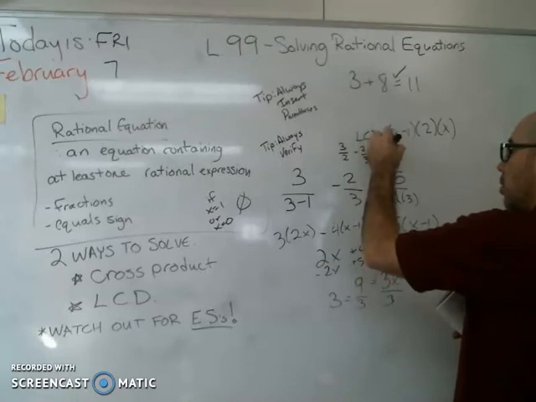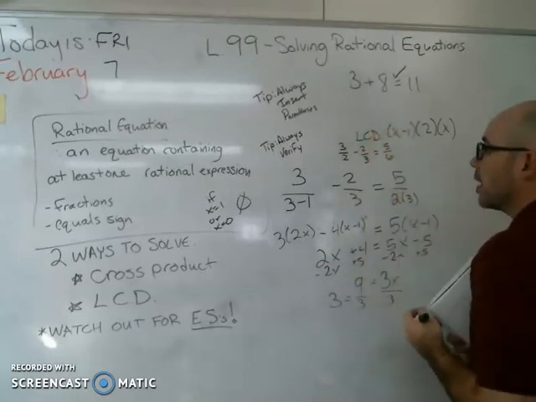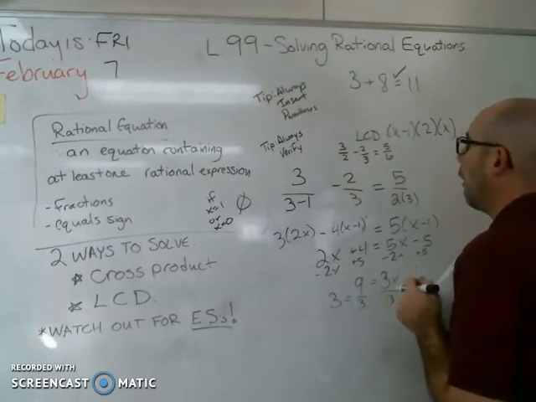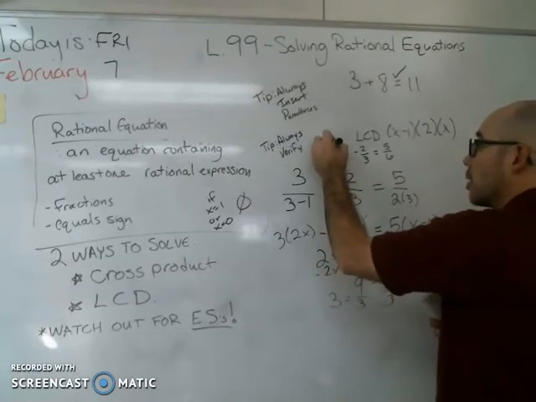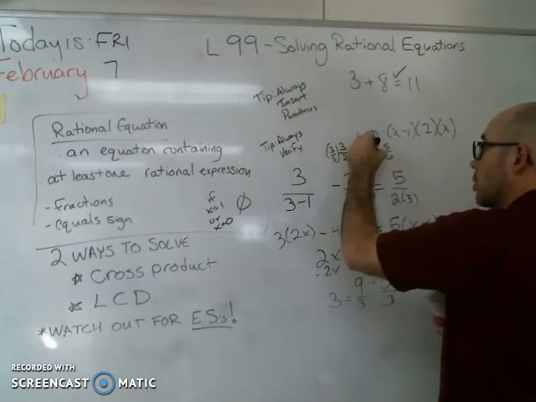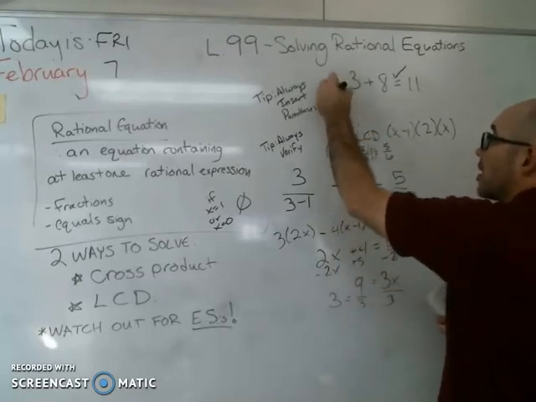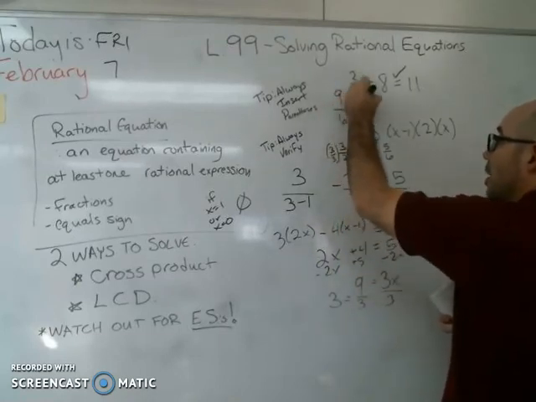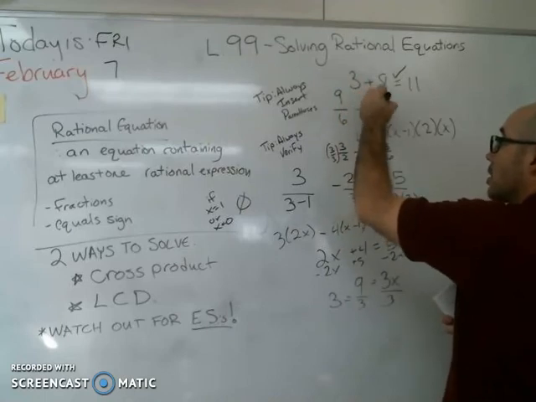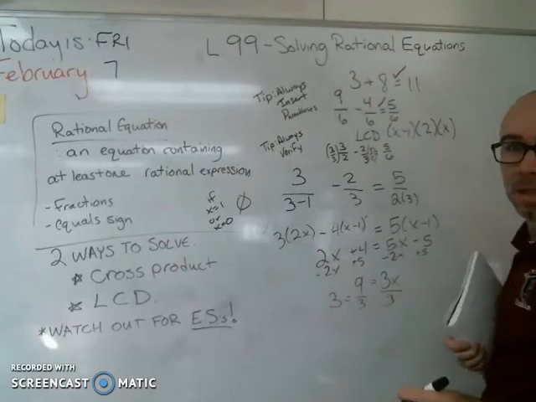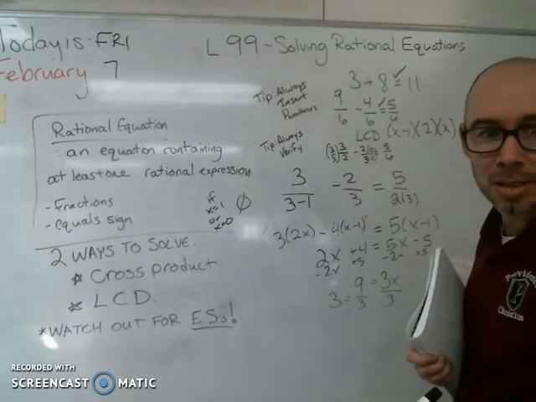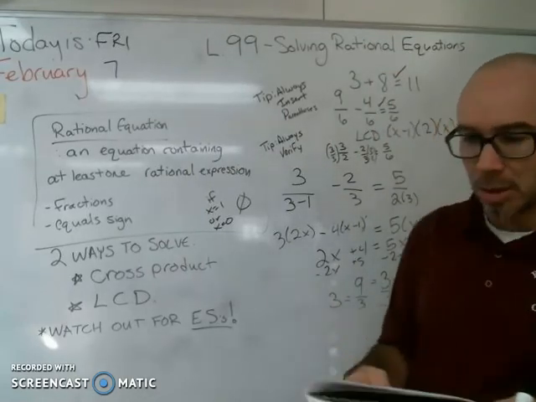Does that equal 5 over 6? Well, we'd have to fix these, wouldn't we? 3/3 and 2/2. That gives us 9/6 minus 4/6. Does that equal 5/6? Yes, it does. Sorry for all this mess.